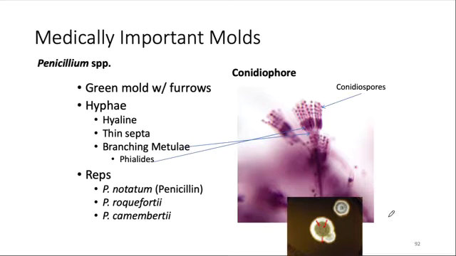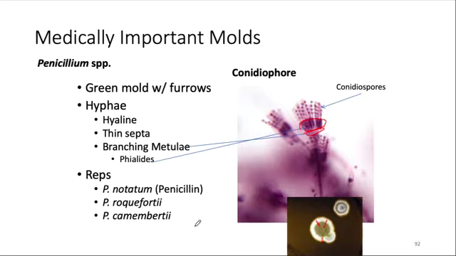They also have hyphae. The hyphae have septa or septum, but they are very thin. They also produce branches, just as the Aspergillus, but they have another component known as the metulae. So you see these branches here. They support this other branch that was also seen in Aspergillus, known as the phialides.